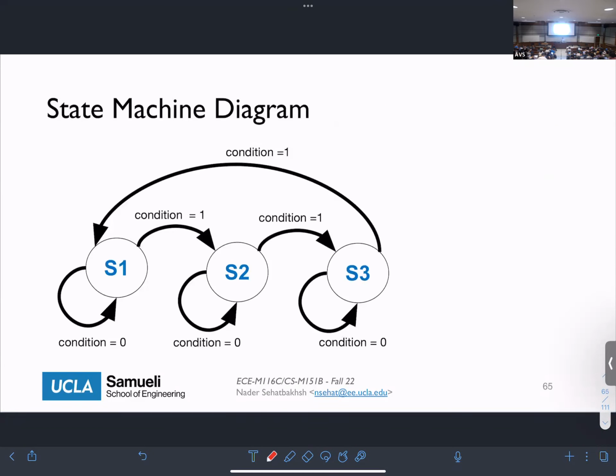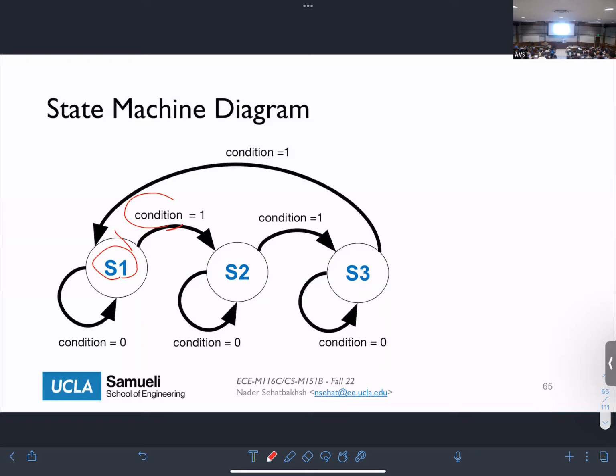So to give you some form of diagram, when we're talking about a state machine, we usually plot something like this, where this state is our initial state. Usually we start from the initial state. And then if some condition is true, maybe we transition to the second state. If that condition is not true, we stay at that state and wait for that condition to become true.